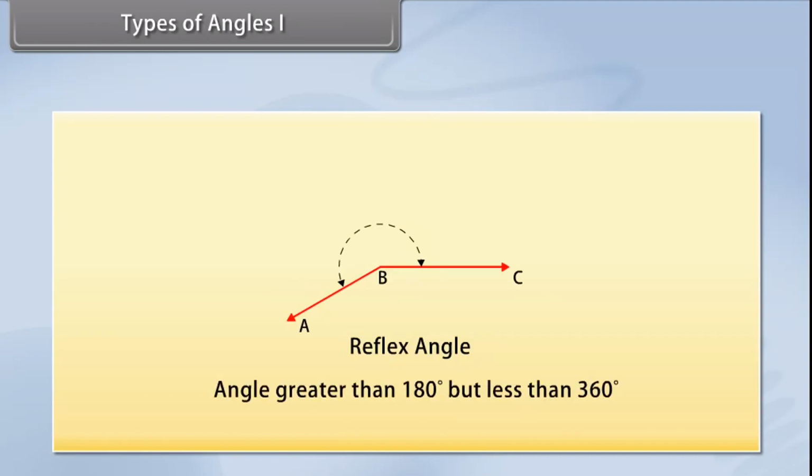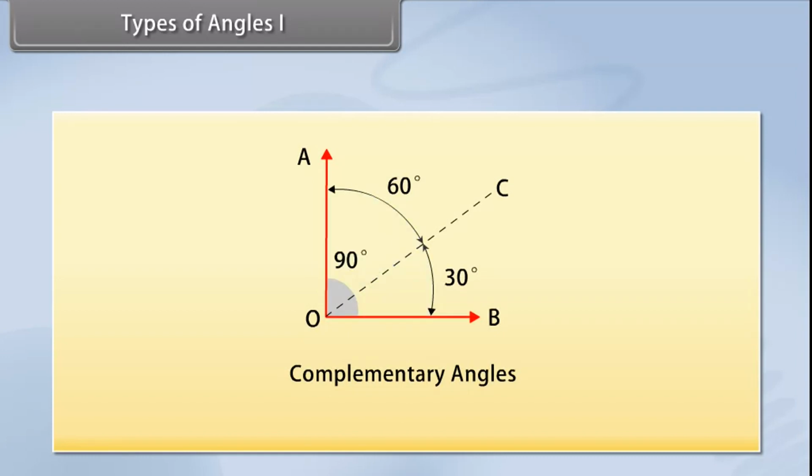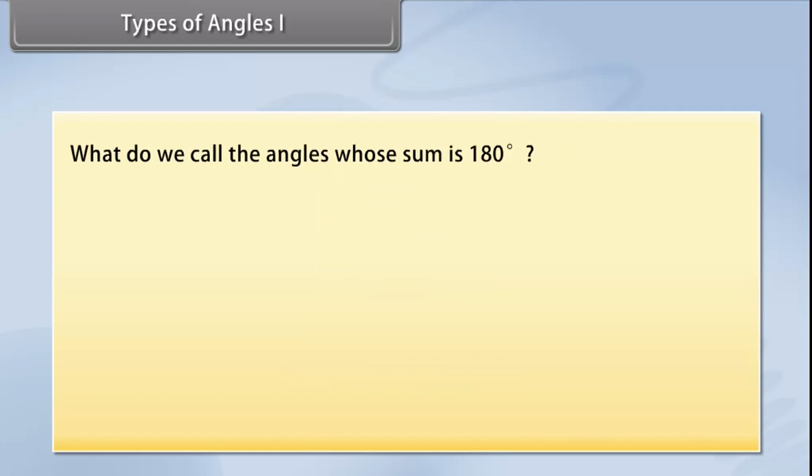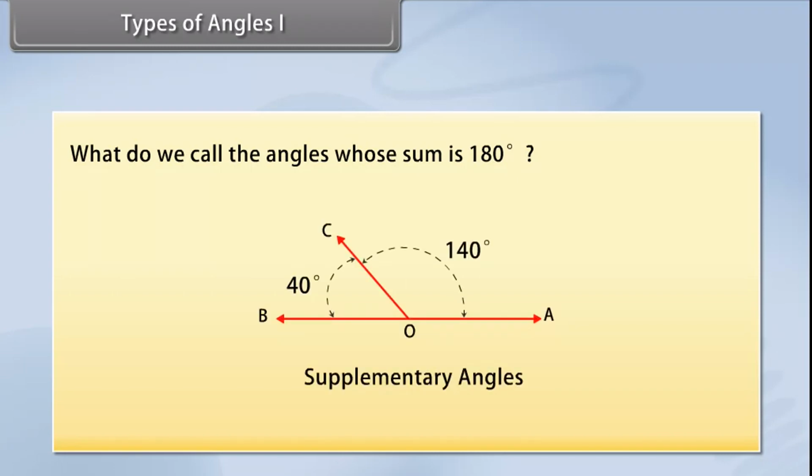And an angle which is greater than 180 degrees but less than 360 degree is called a reflex angle. We also know that 2 angles whose sum is 90 degree are called complementary angles. What do we call the angles whose sum is 180 degree? Yes, you are right. They are called supplementary angles.